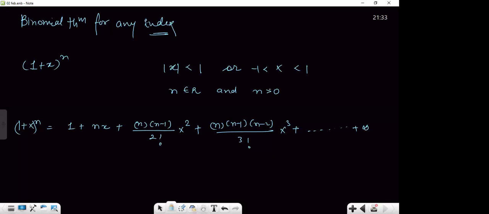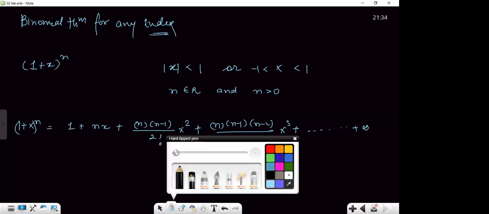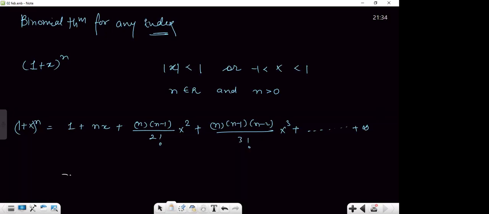If x is so small, then its square and higher powers may be neglected.